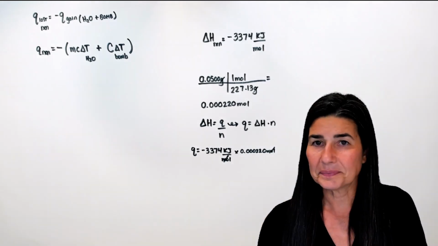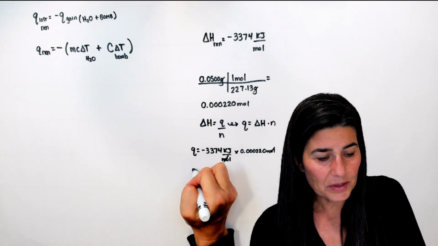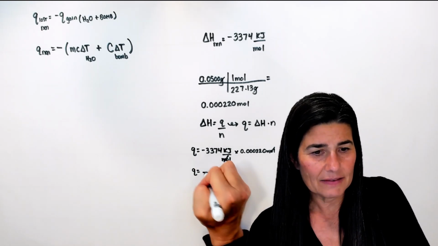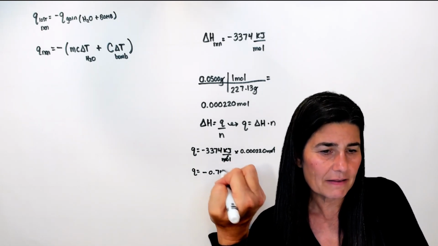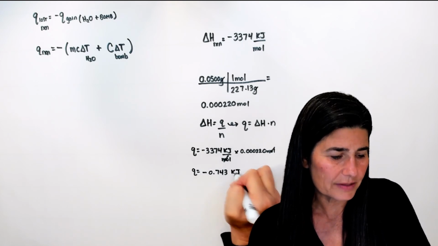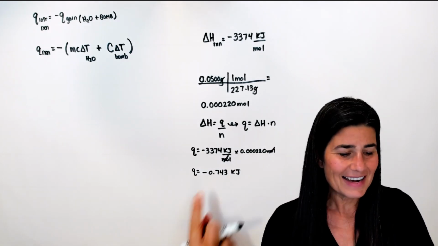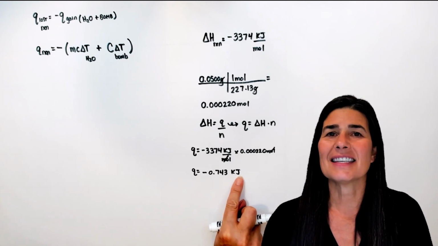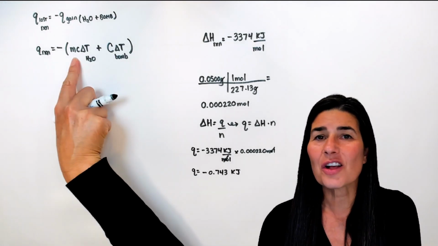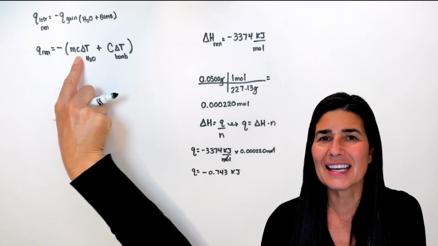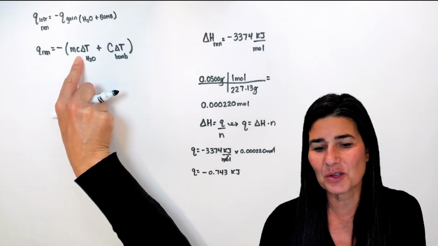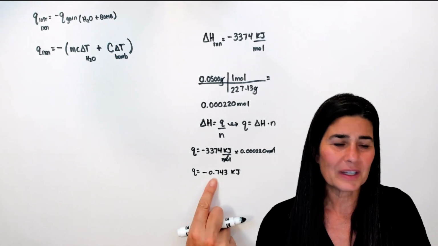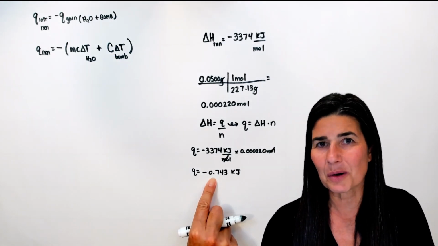Moles cancel out. That leaves us with the amount of heat released as a negative 0.743 kilojoules. Okay, cool. Now we know Q, except look at the units. This is in kilojoules. This is all going to come out in joules. We have a heat capacity in joules per gram degree C and a total heat capacity in joules per degree C. We really need to put this in joules before we continue.